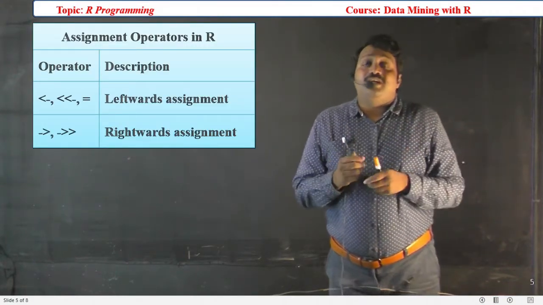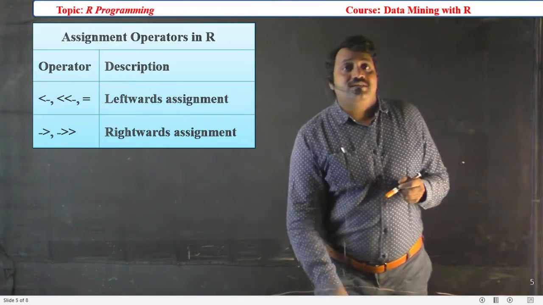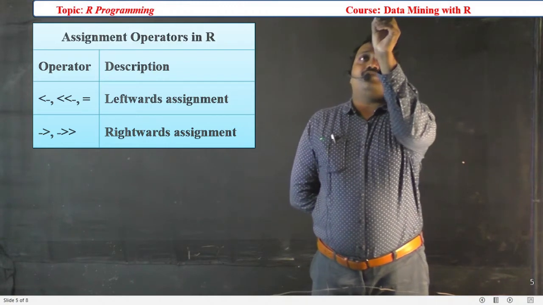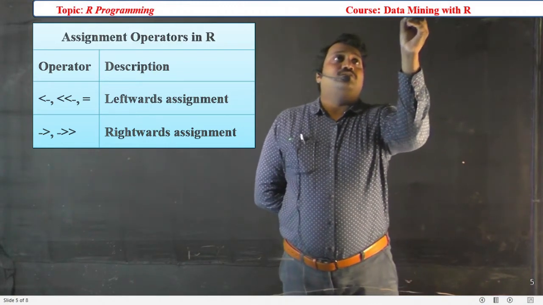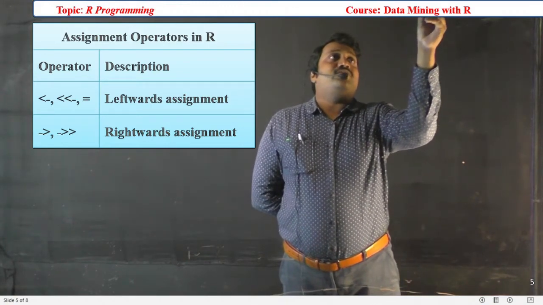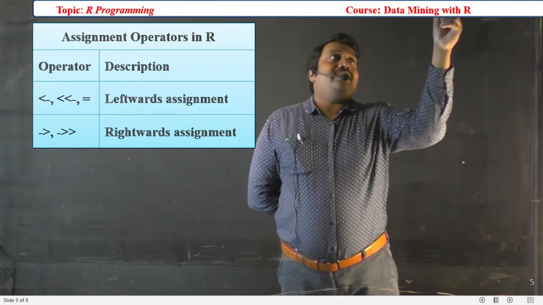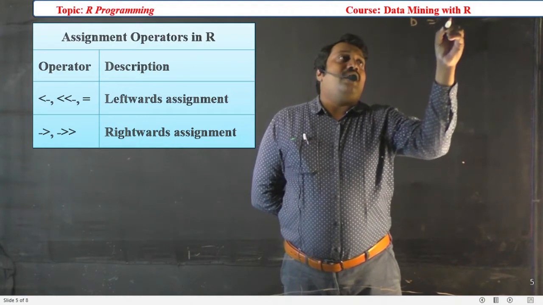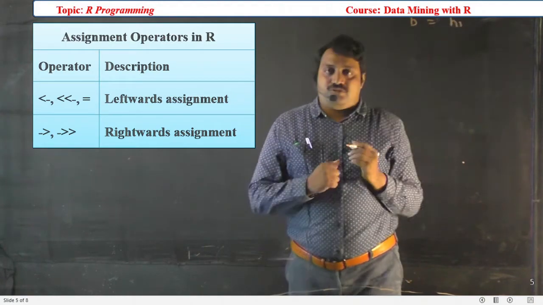Assignment operators assign some value to any object or variable. In other languages we simply use A equal to 10 or B equal to "hi". Like that we assign the values.